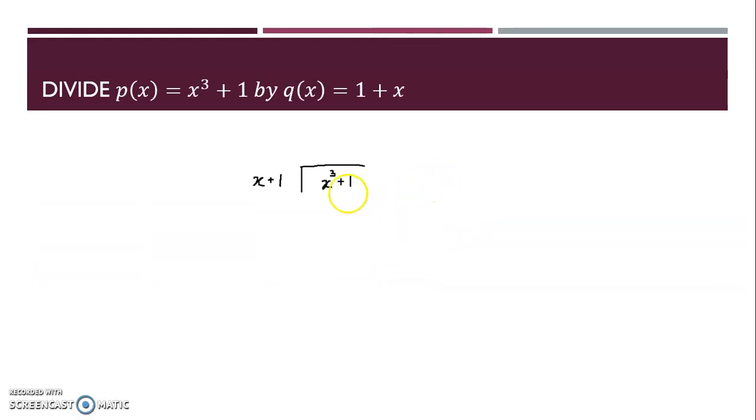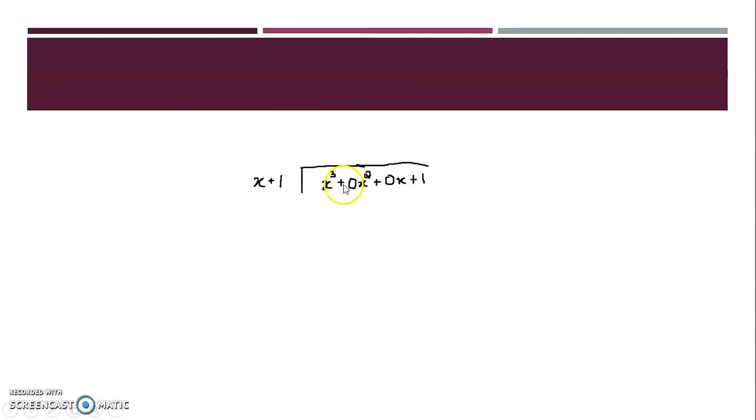So here we are dividing x cube plus 1 by 1 plus x. The first thing that we do is we write the divisor and the dividend in the descending order of powers. So here we have x cube, there is no x square term, there is no x term. So we have to add 0x square, 0x, then we have the plus 1.